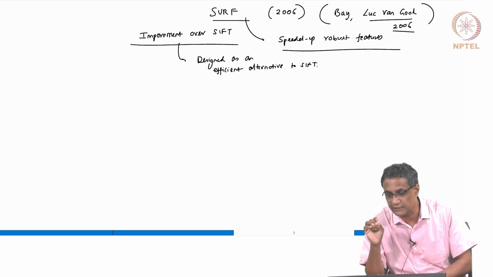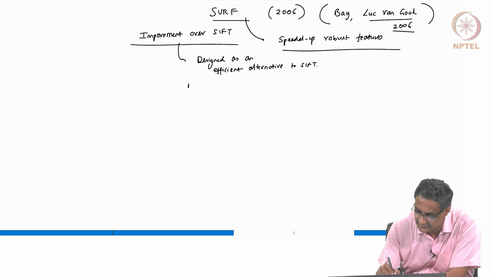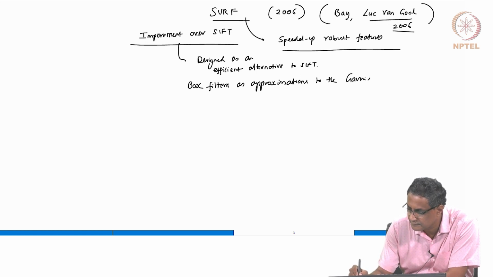They actually show that you can solve it using what are called box filters. The idea is to use box filters as approximations to the Gaussian derivatives.